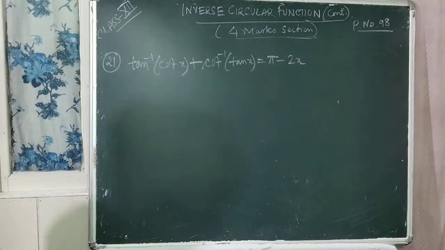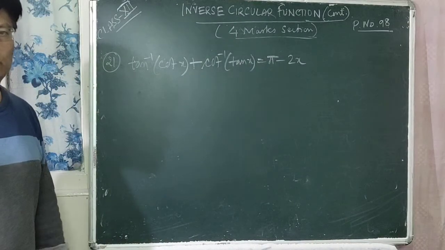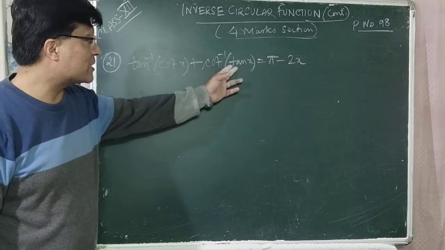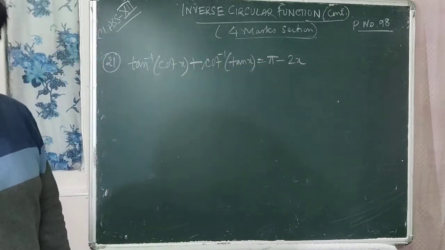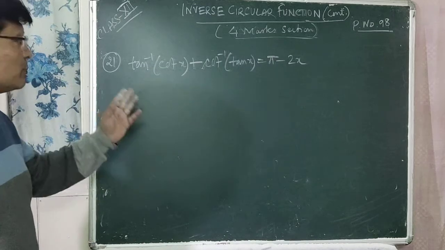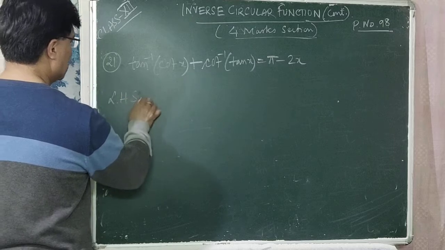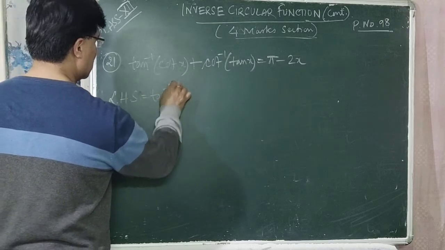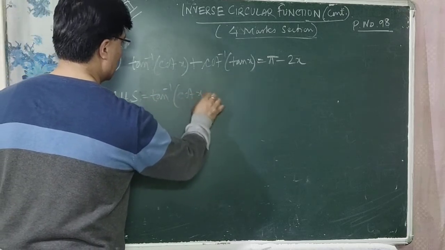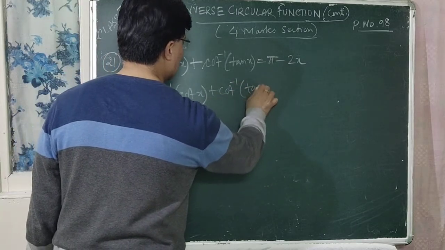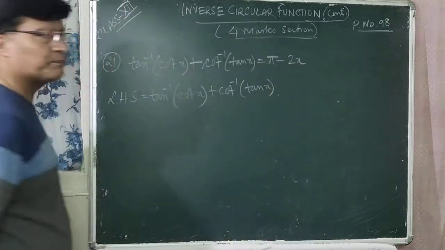Now we will do question number 21. Here also, this one is prove that tan inverse cot x plus cot inverse tan x is equal to pi minus 2x. Okay. So let us prove LHS is equal to RHS. So LHS is equal to tan inverse within bracket cot x plus cot inverse within bracket it is tan x, right?